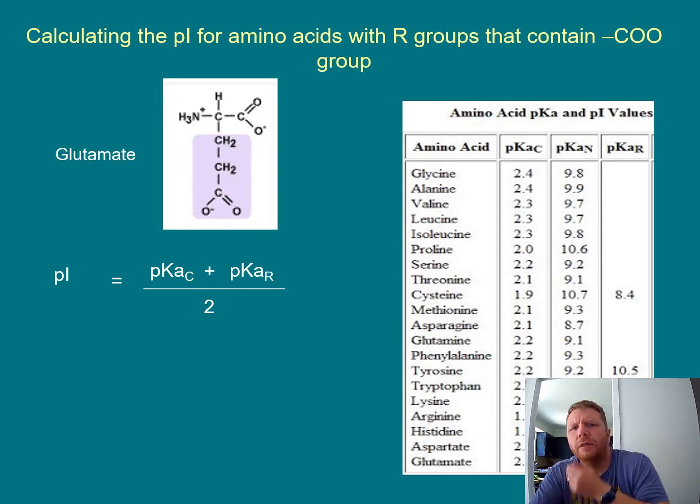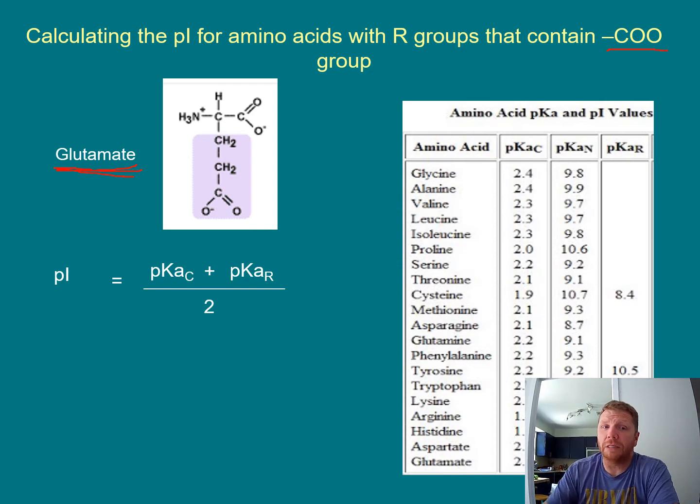Okay, now let's calculate the pI for an amino acid with an R group that contains a carboxylic acid. So this would be glutamate, or glutamic acid. Like I said earlier, the way that it's displayed here as an ion, that name is correct. If this were protonated, that would be glutamic acid, but for this purpose, we don't worry about that too much.